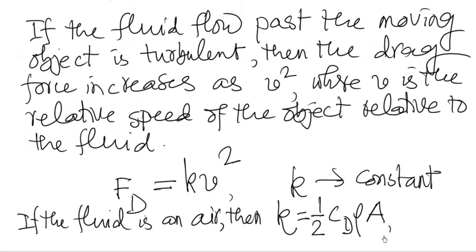where rho is the density of the air and CD is a unitless number called the drag coefficient.